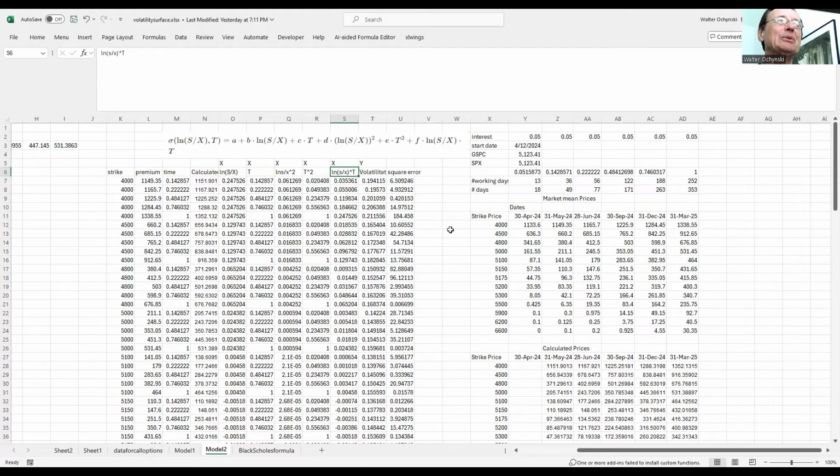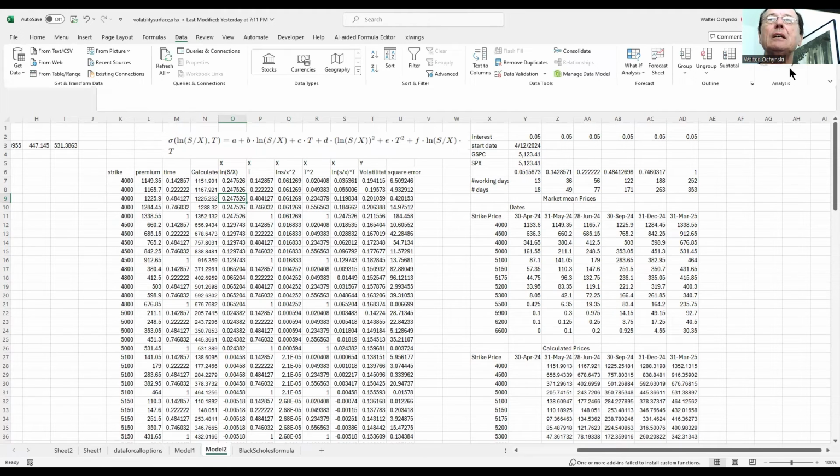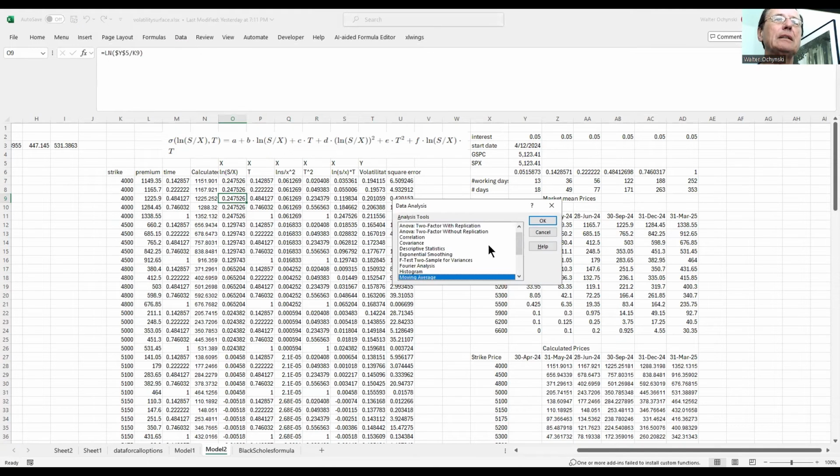So now I need to take my calculation and copy down. I already did this. So what I need to do is call my regression. And again, I already installed this, as I showed at the beginning. So I have this in the Data tab, and then I have Data Analysis, and I look for Regression.